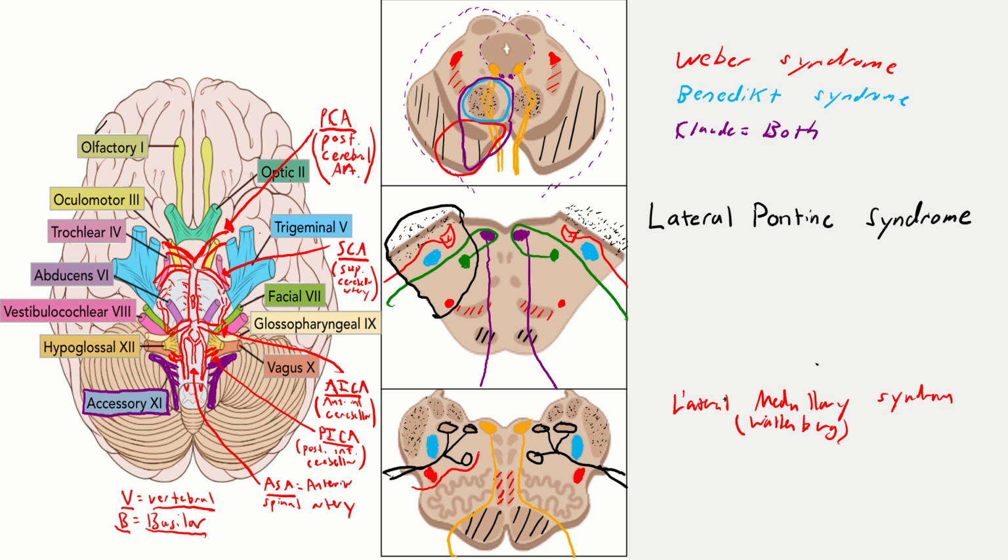We see that 9 and 10 are going to be messed up. So this patient doesn't have a lot of palatal pharyngeal function: dysphonia, dysarthria, dysphagia. We see here we're kind of getting some of the cerebellar tract as well. We see that there's also some trigeminal tract involvement here too. So we know that it's more on the lateral side.